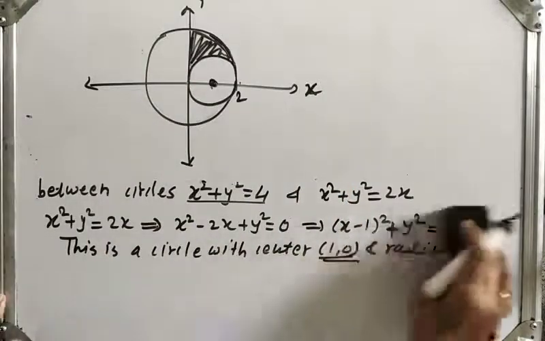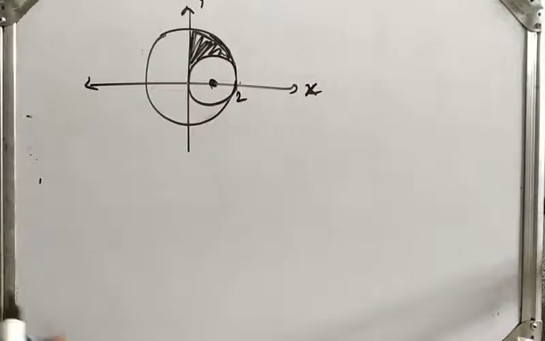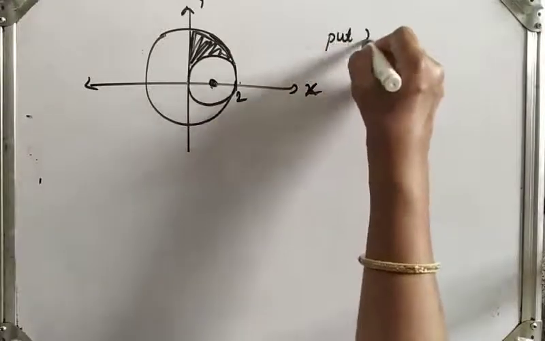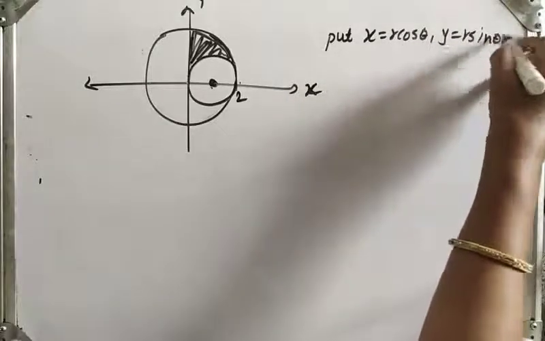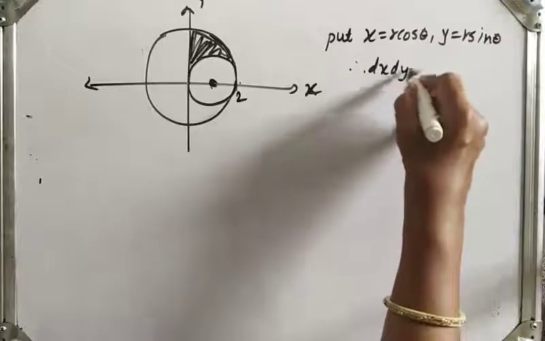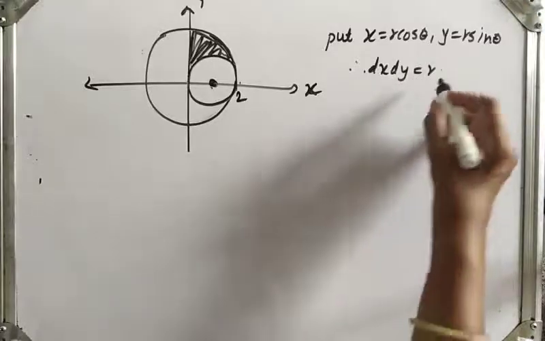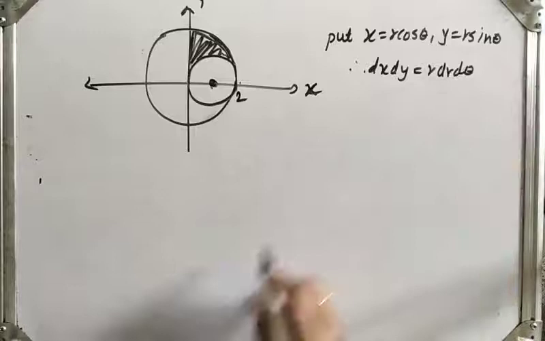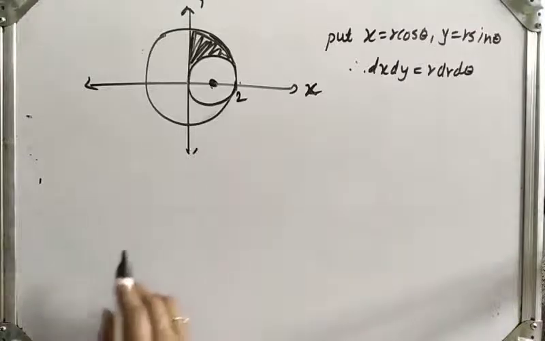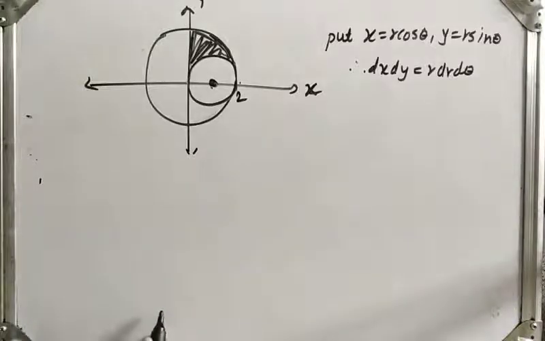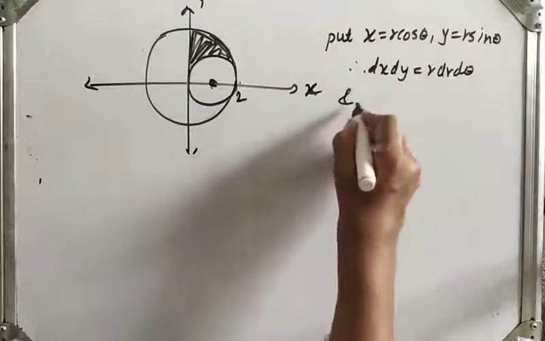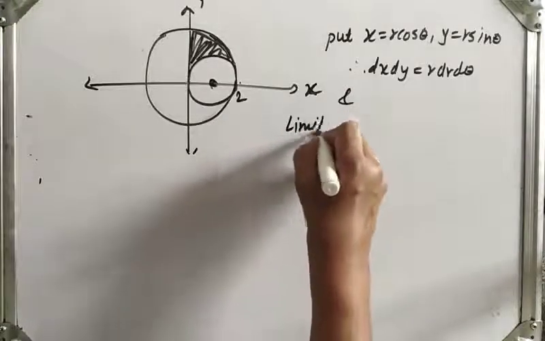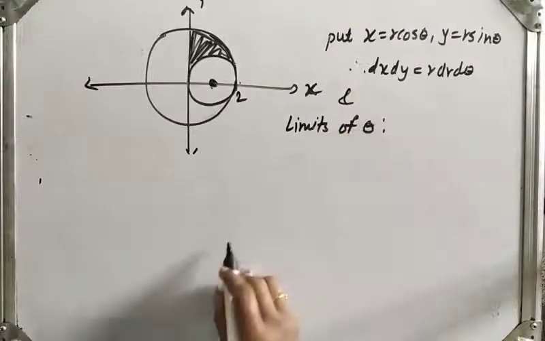In this region, we put x = r cos θ and y = r sin θ, therefore dx dy = r dr dθ. What about the limits of r and θ?